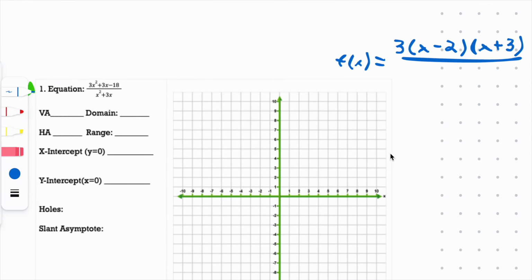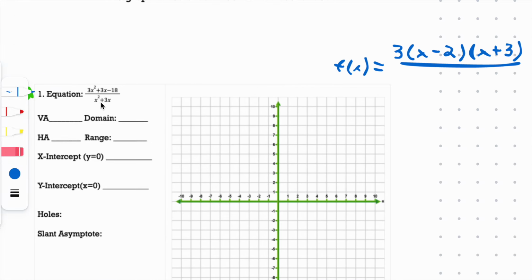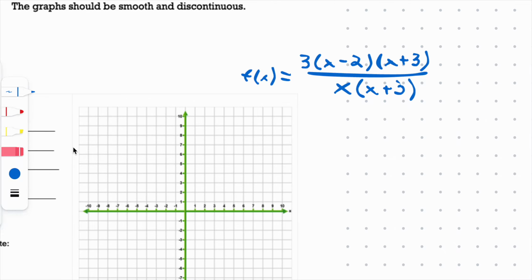Yeah. And then on the denominator, what can we factor out here? Well, we have x and then x plus 3. Okay? We just factor out an x out of that. And we notice pretty quickly that we have an x plus 3 up here and an x plus 3 down here.